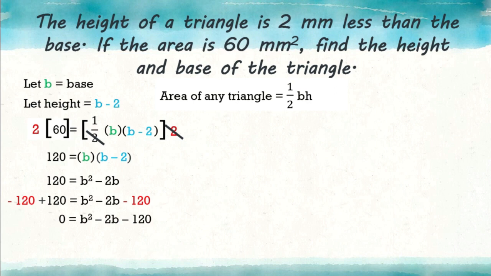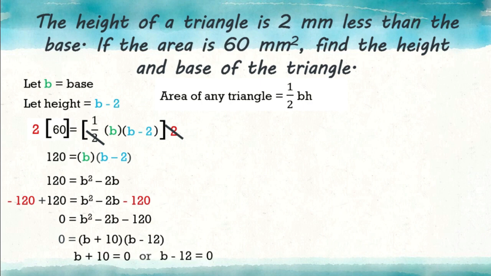And then factors of negative 120 whose sum will give us negative 2. So we will have 0 equals b plus 10 times b minus 12. Let us equate both factors to 0. So we have b plus 10 equals 0 and b minus 12 equals 0.